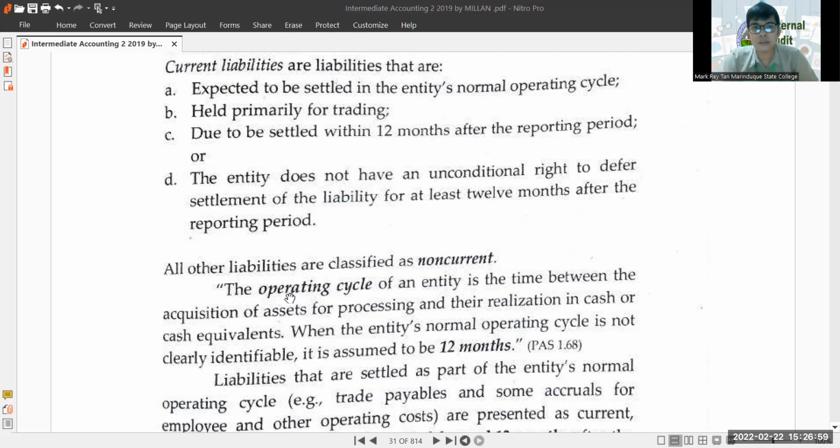So pagkabili niya ng merchandise inventory, lalagyan niya lang yun ng markup and then ibebenta. Ibebenta niya yun dalawa. Pwedeng cash sales or pwedeng credit sales. So if cash sales, tapos na kaagad. Naka-isang cycle na kaagad siya. May cash, pinangbili ng inventory, binenta, naging cash na ulit. So yun yung ibig sabihin ng, sa madaling sabi, yun yung operating cycle.